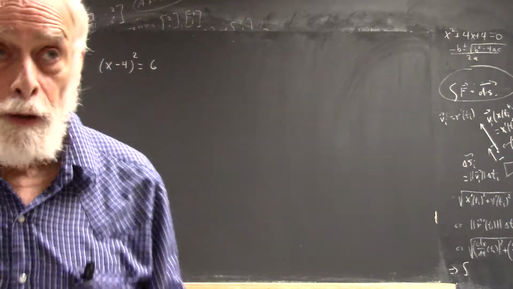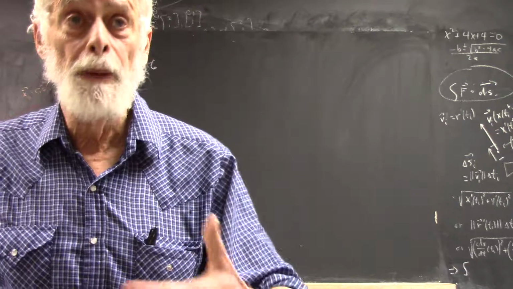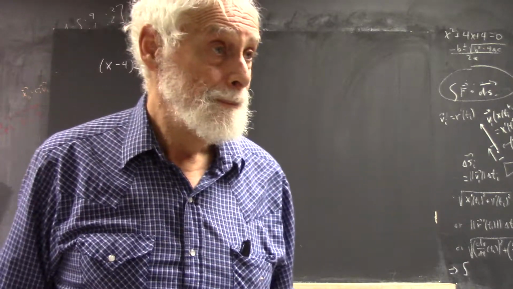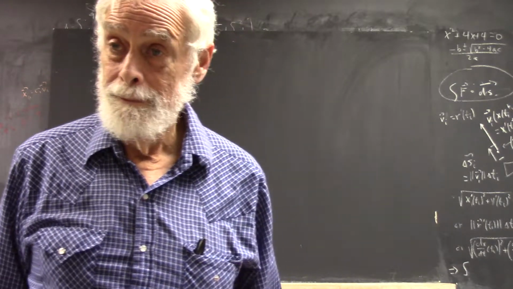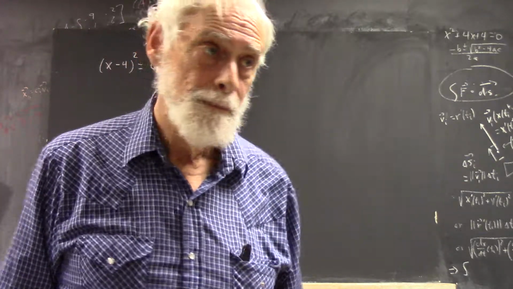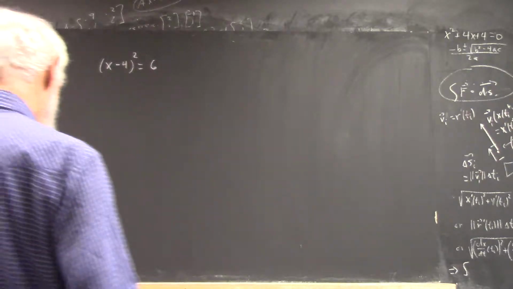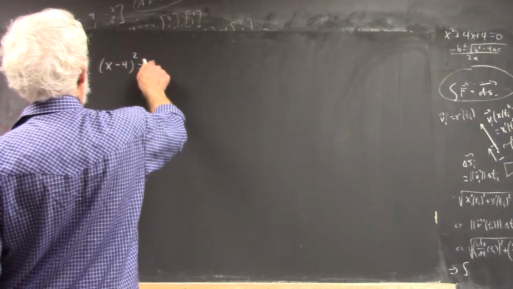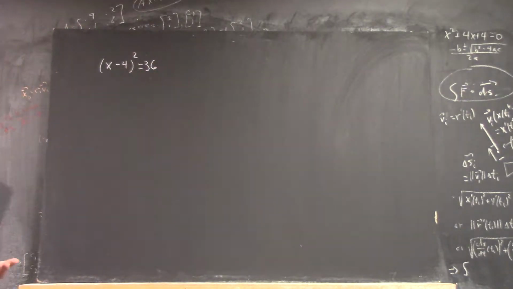Well, if a number squared is 6, what can you tell me about that number? Well, let's make it a little easier so you don't have to think too hard. Let's say it's 36. What can you tell me? What would you square to get 36?